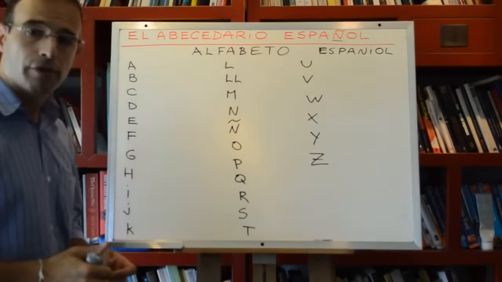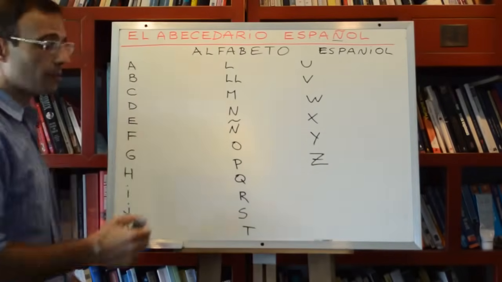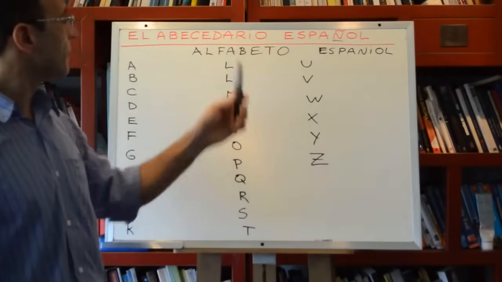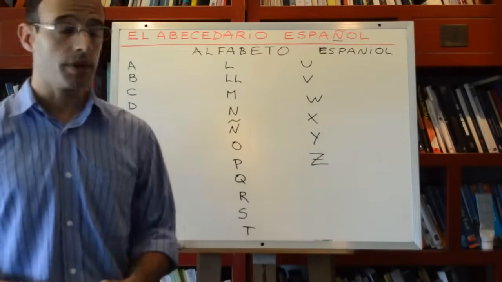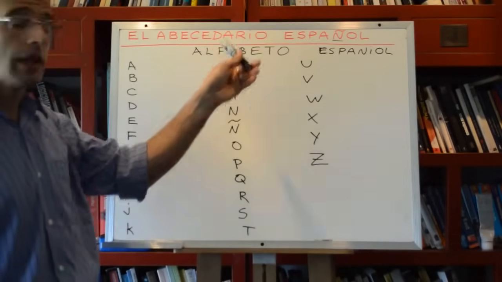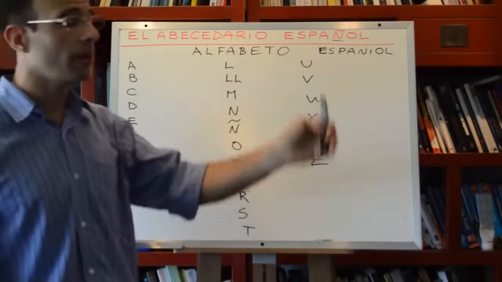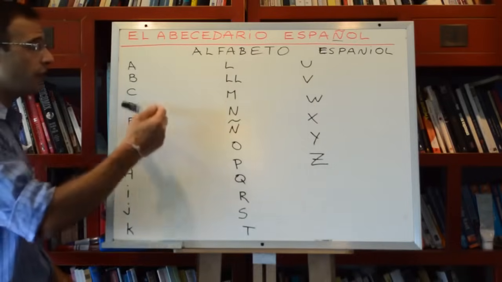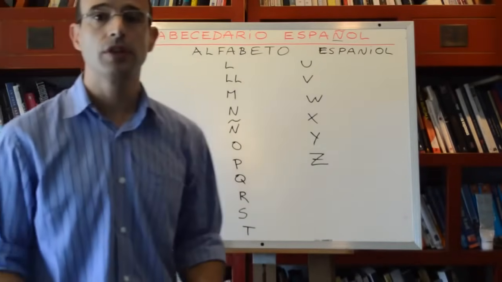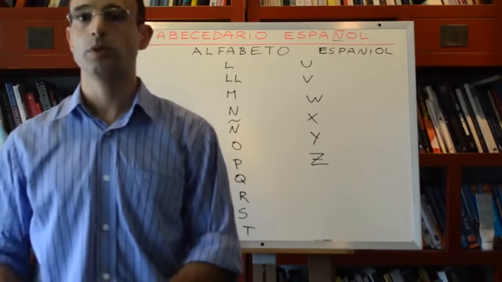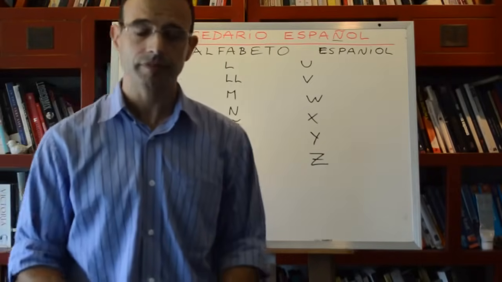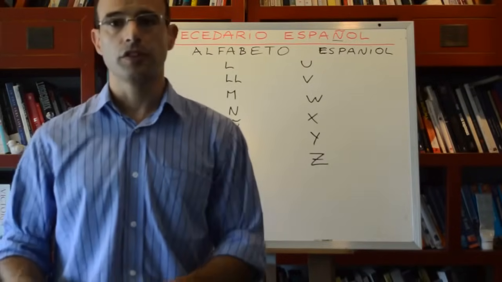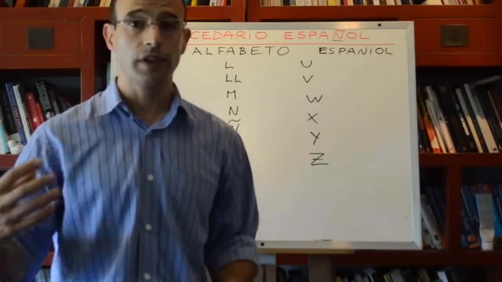Okay? Now before I give you some examples using each one of these letters, let me give you a little bit of information regarding this title. I wrote El abecedario español. Why? Because I believe this is the alphabet used for all the Spanish tongues. Why do I say all the Spanish tongues? Technically speaking, the word Spanish is not one single language.